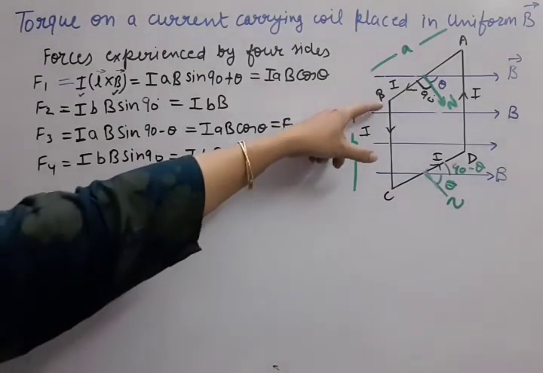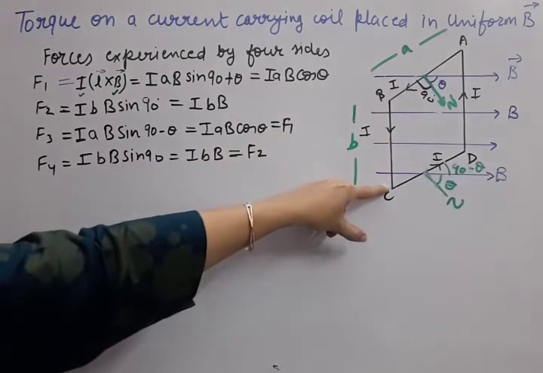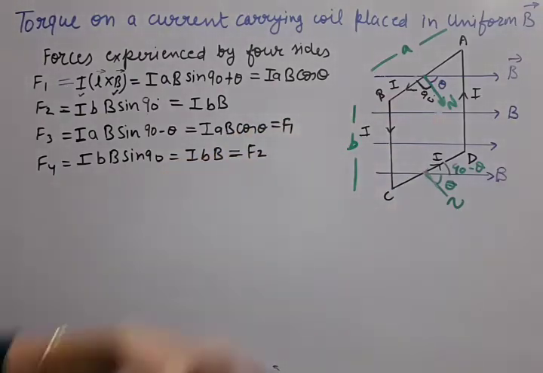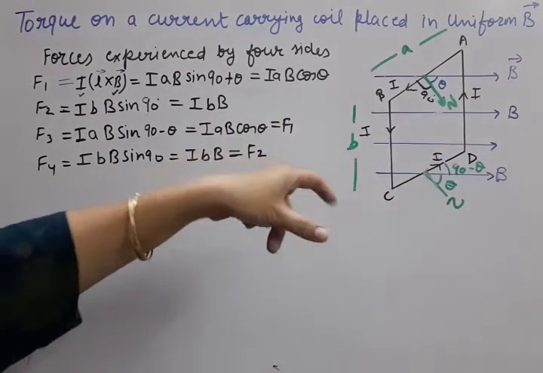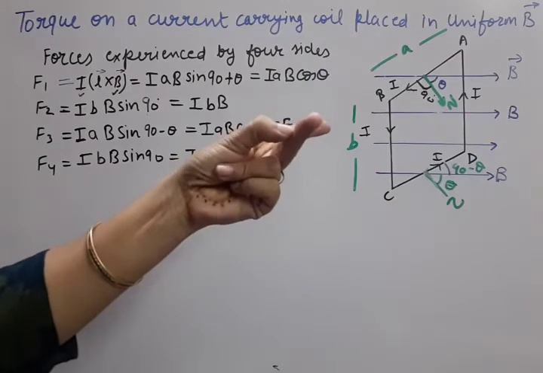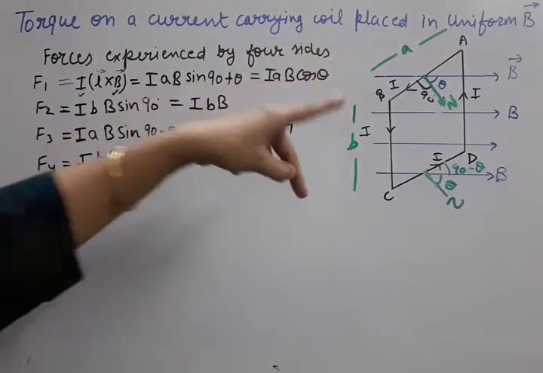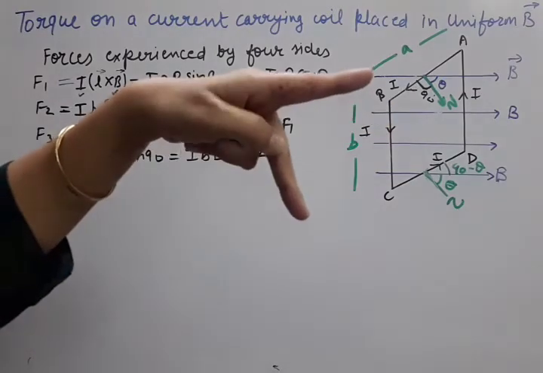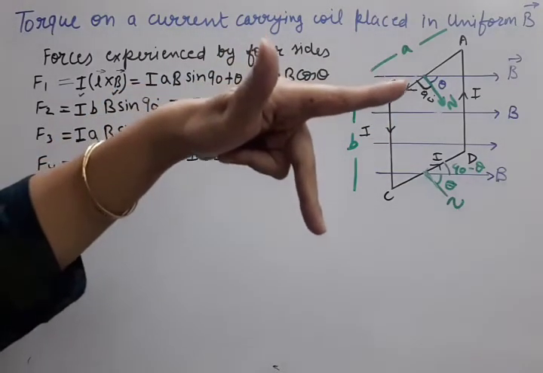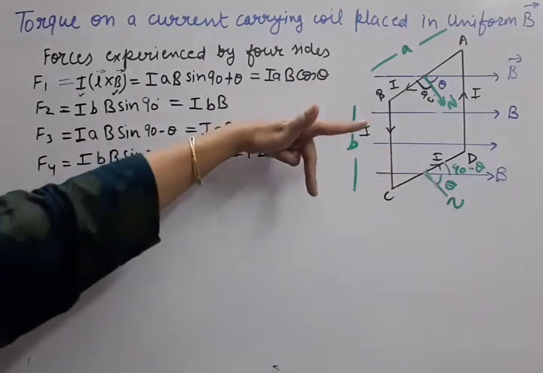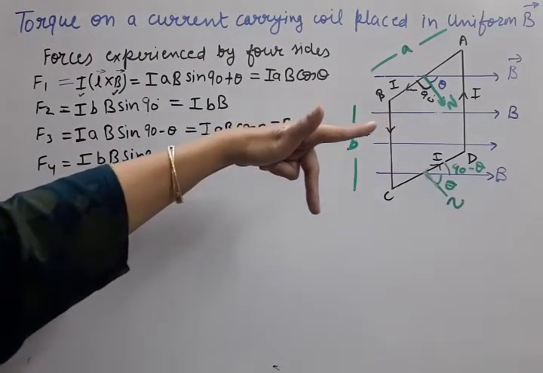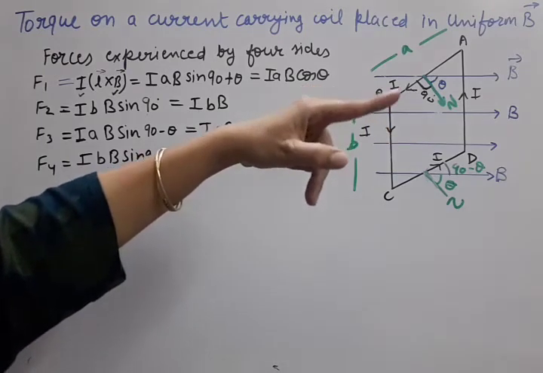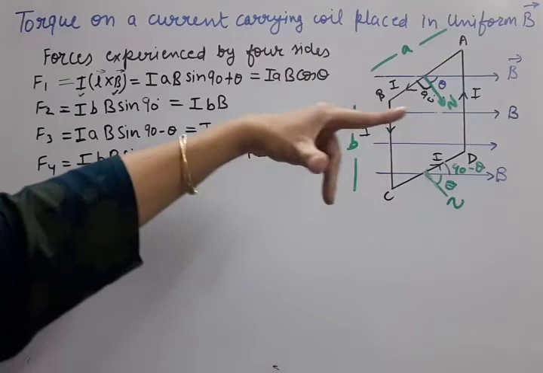So let us try. I am starting with the second side, it will be easy to solve. We have to use our left hand rule. Always try to stretch the central finger first in the current direction. So current is moving downward, so this central finger is downward. And the magnetic field direction is horizontal. So this first finger should be stretched in the direction of the magnetic field.